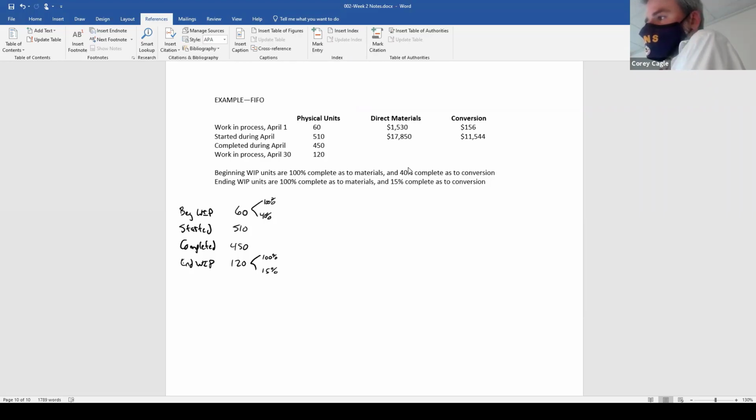One little thing you'll want to do, because this is what's going to come into play here in a minute. These beginning work in process units, 100% completed on materials last period, which means what do we have to do with them this period? Nothing left to do, 0% to go. 40% converted, meaning we've got 60% to go. So that is what's going to be important to us regarding those units.